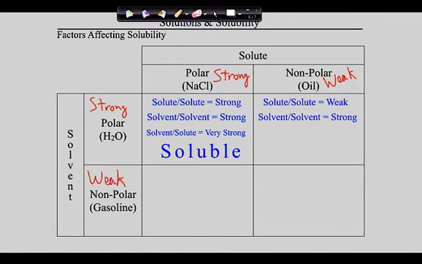What about the forces of attraction inside the solvent? Well, that's still water. Those are hydrogen forces. They are crazy strong. But now, guys, what about the attraction between the polar water and the nonpolar oil molecules? Super weak. Guys, think about it this way.